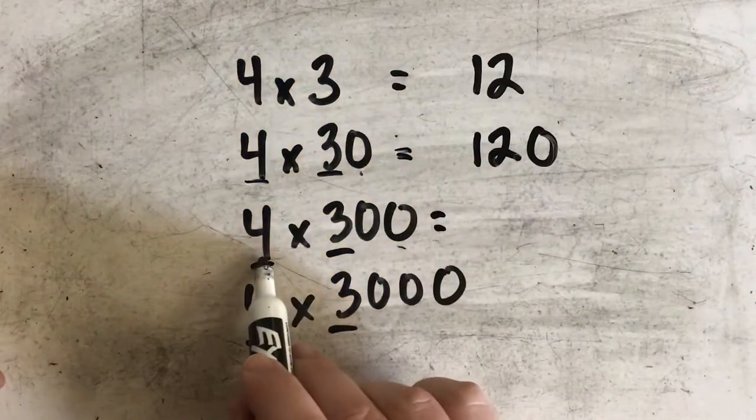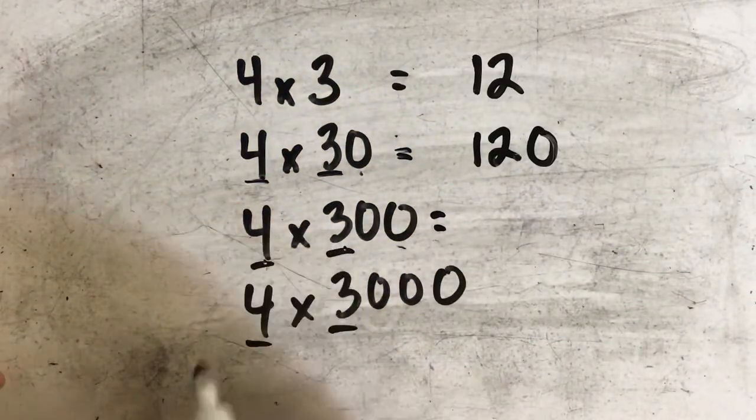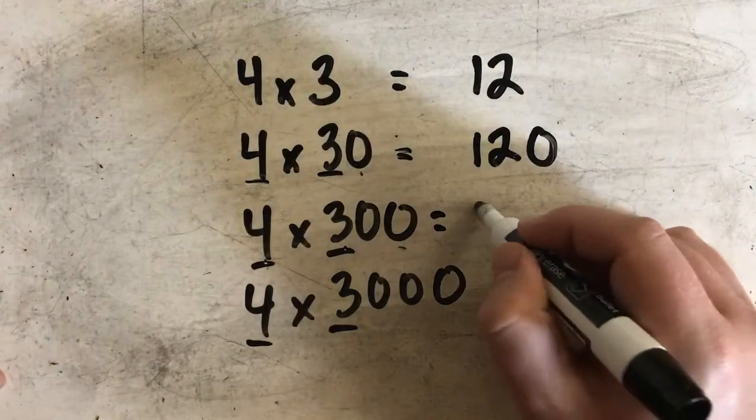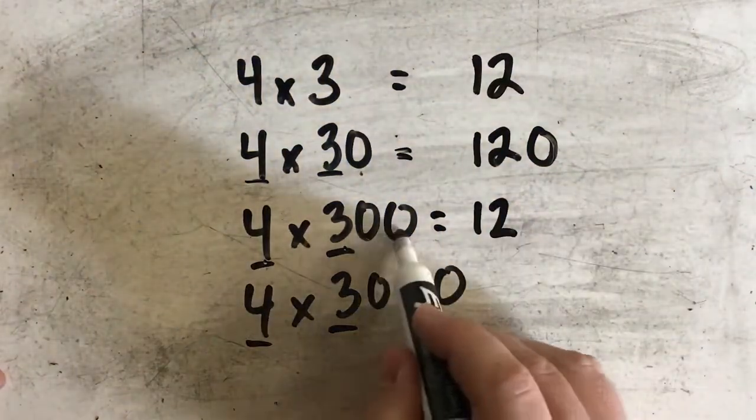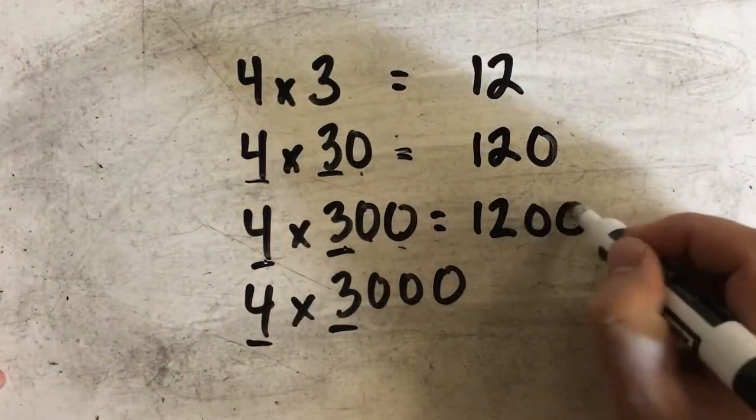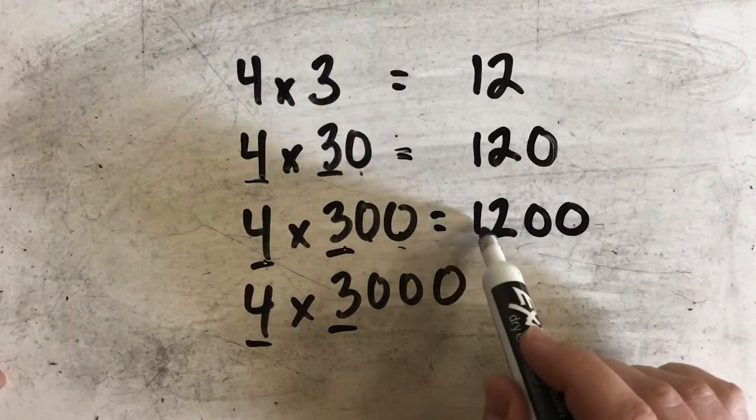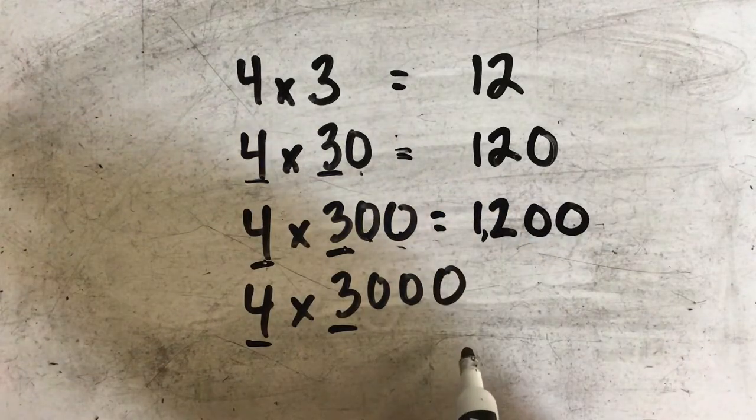Same here, I'm going to look at just my basic fact of 4 times 3, which is 12, in this case with 2 zeros. So my answer would be 1,200.